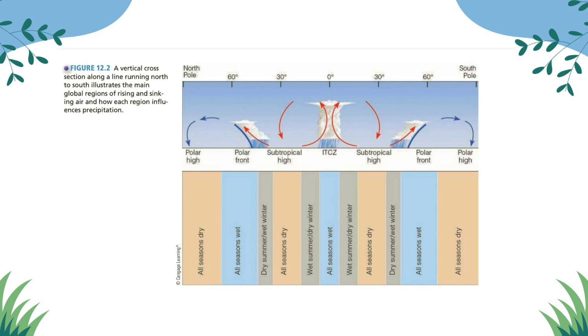At the polar front, at 60 degrees north and south, the air rises, bringing precipitation to mid-latitude areas. At the polar high, at 90 degrees north and south, the air sinks, causing cold, dry conditions. So the key concept here is that rising air equals wet climates, while sinking air results in dry climates.